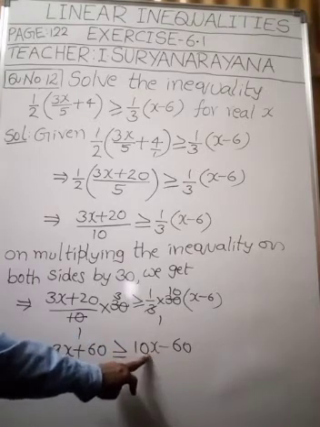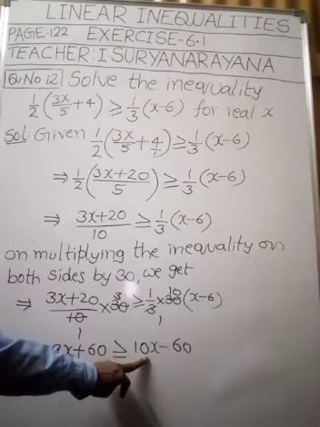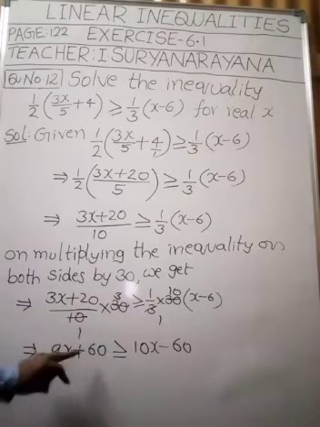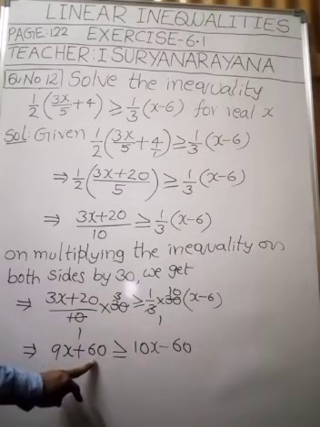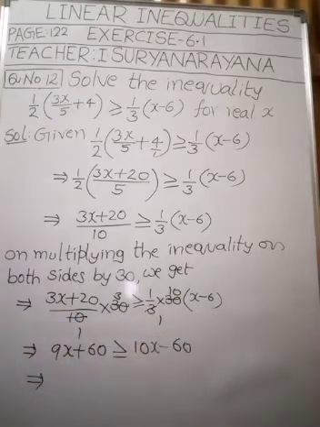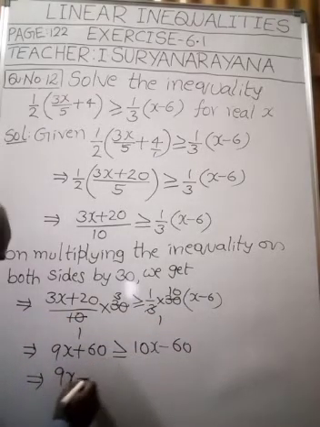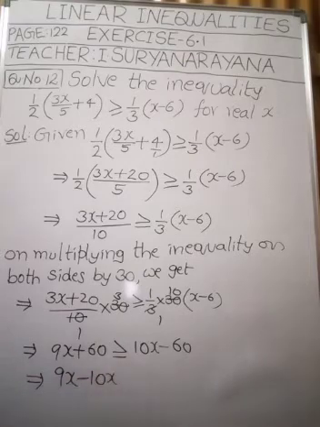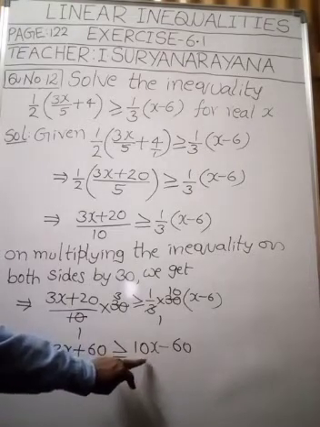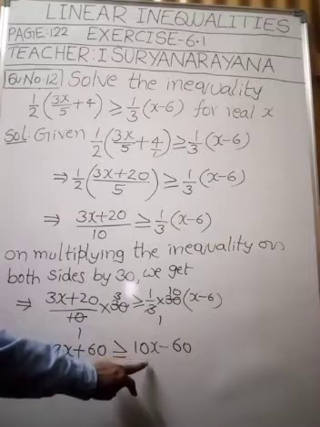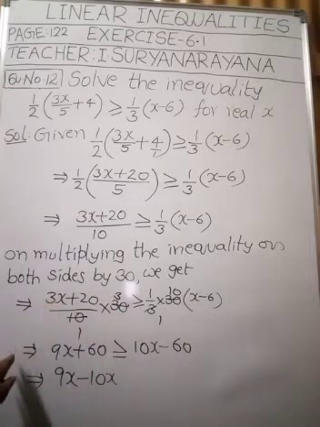So we have to bring this x term into the LHS. We have to transpose plus 60 to the RHS. So 9x minus 10x. If you transpose this quantity, this is a positive quantity, then it becomes a negative quantity. Understood this point, my dear children?